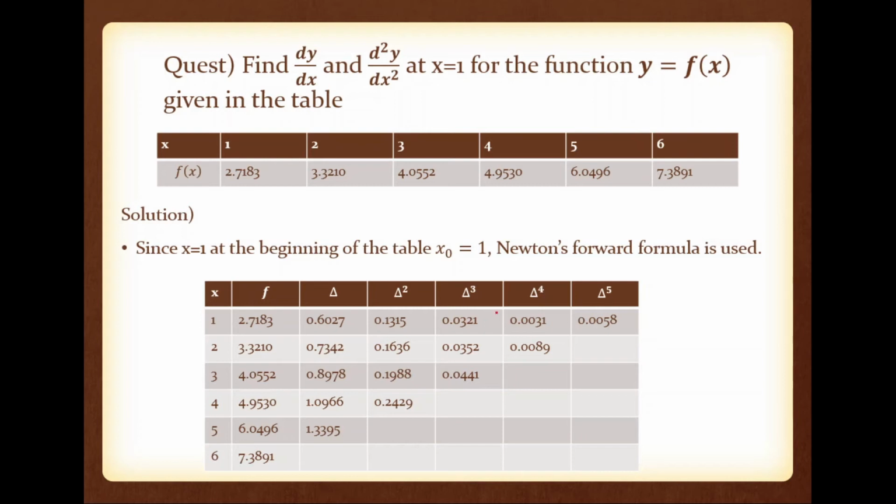So please note, normally if you are using a finite forward difference table for the finite forward extrapolation formula, we are using the first row of the table. Always note that. So note these values: 2.7183, 0.6027, 0.1315, 0.0321, 0.0031, 0.0058.